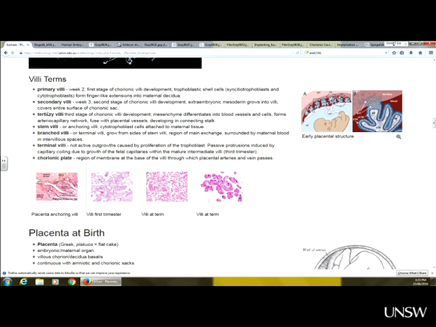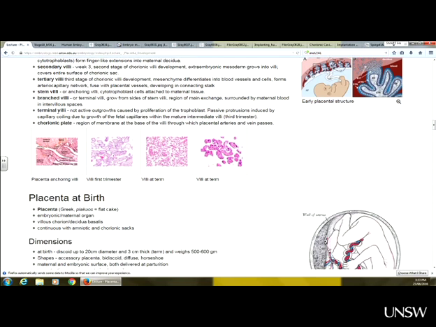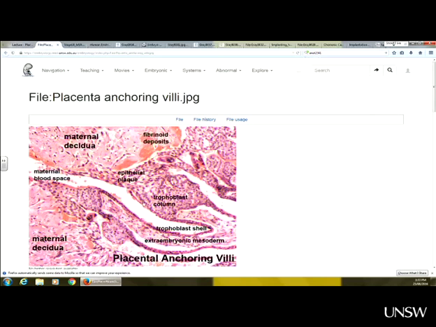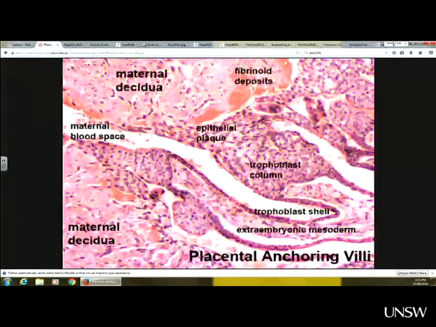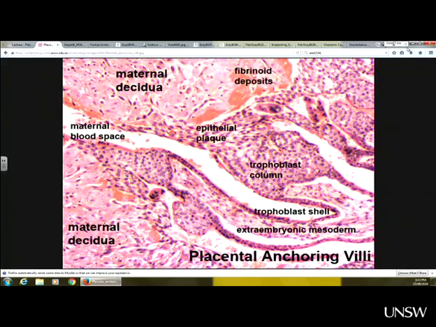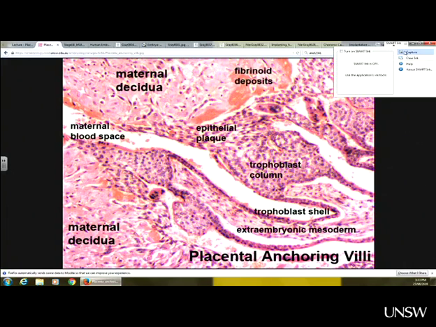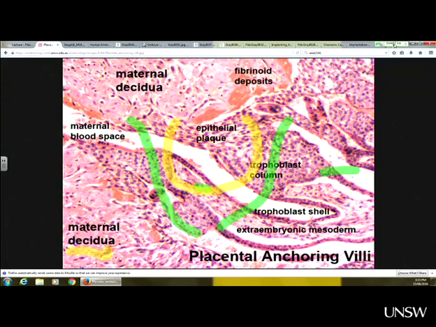Now, the next image I'd like to show you is the one of the interface between the mother and the infant. So everything here on this side is embryonic.